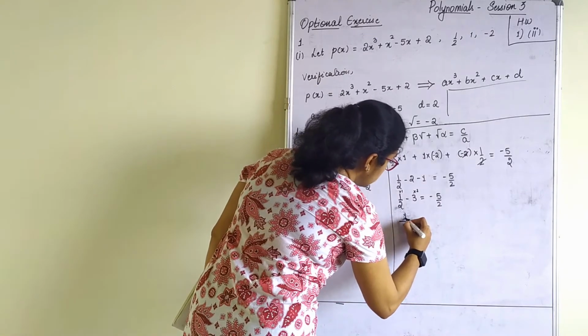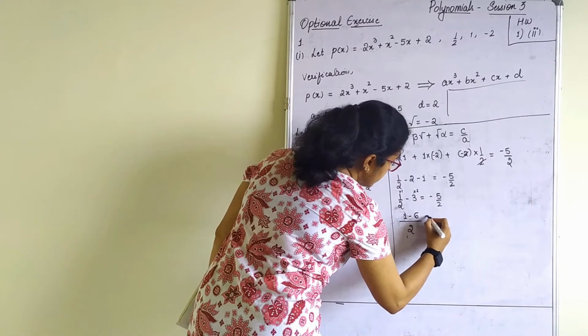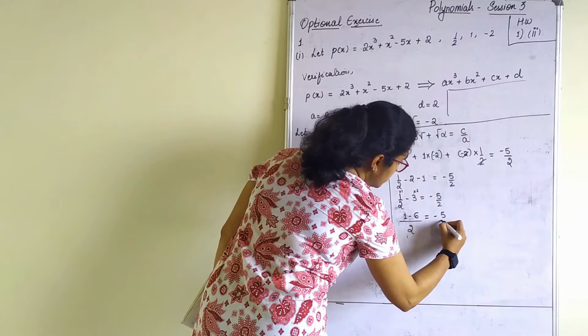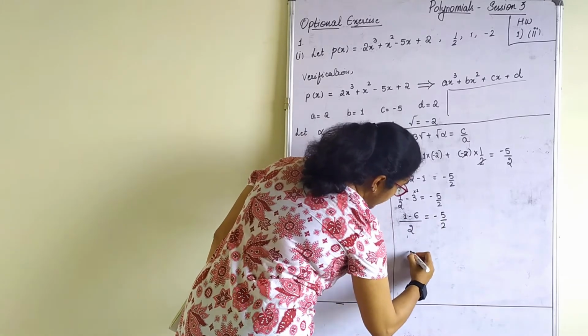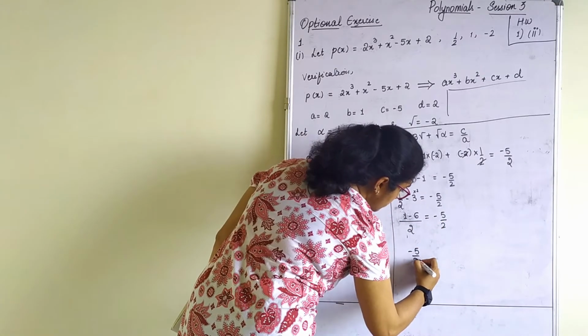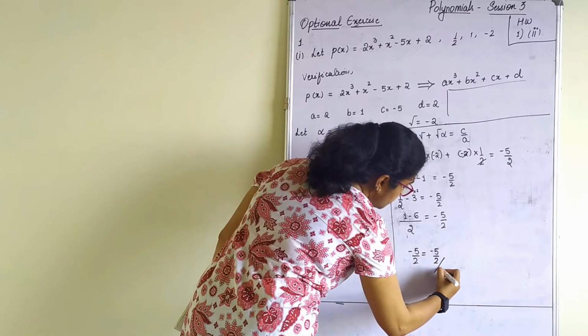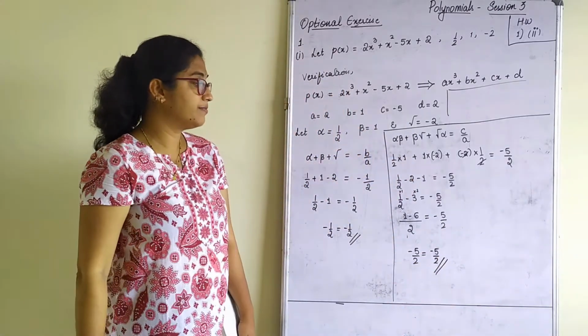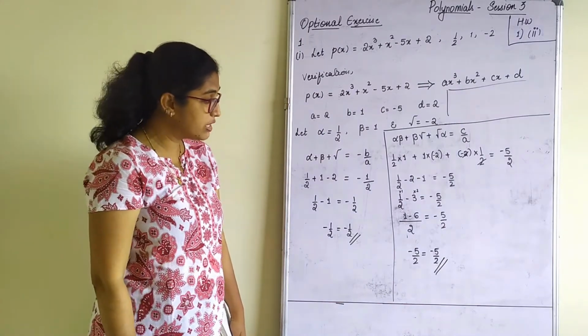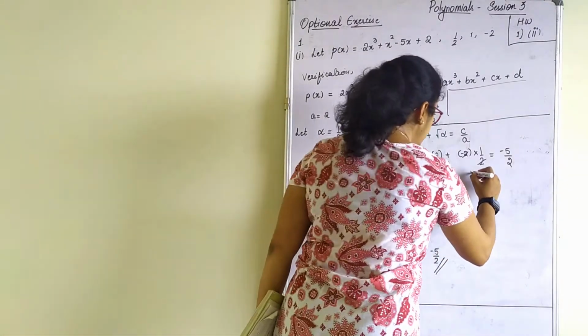So this is 1 minus 6 is equal to -5 by 2. 1 minus 6 is -5 by 2, which is equal to -5 by 2. Verified. Right? Last one. Shall I do it here?